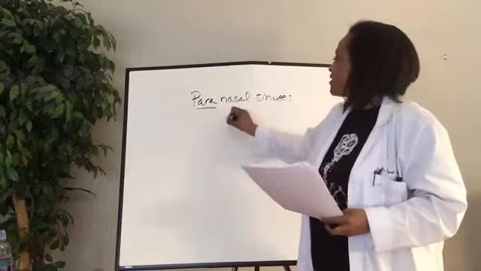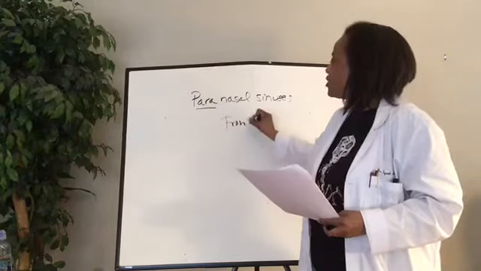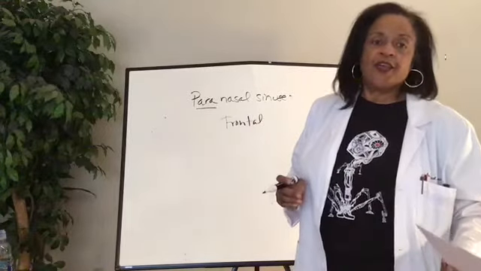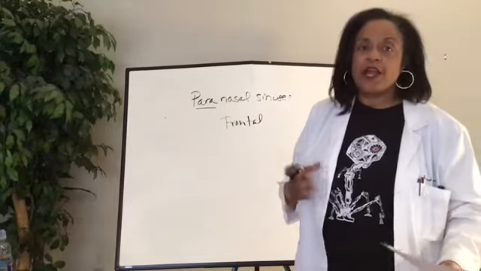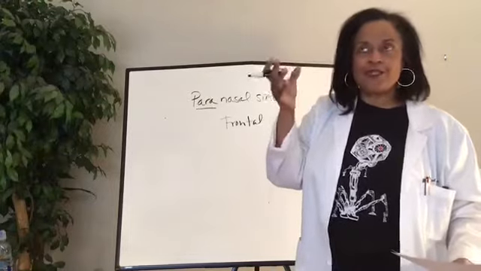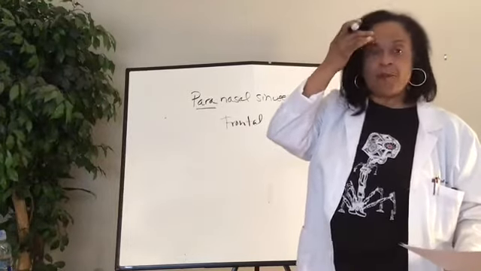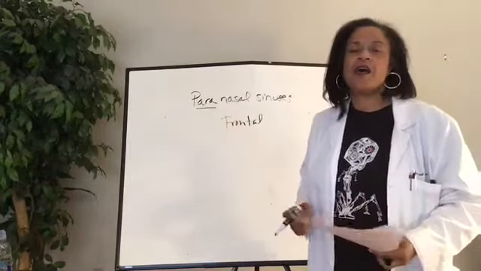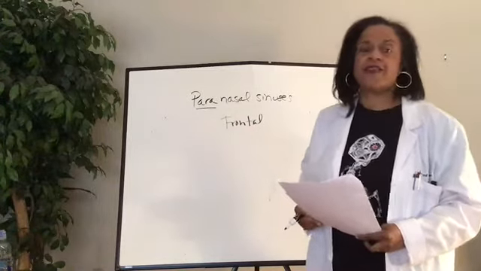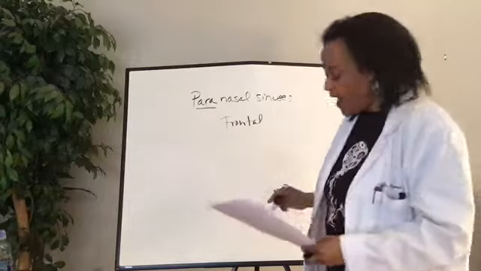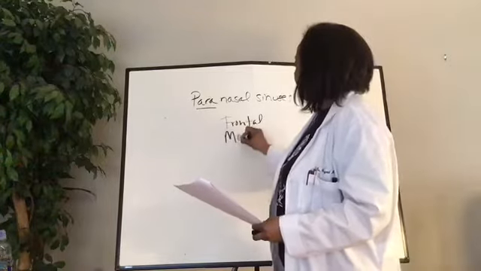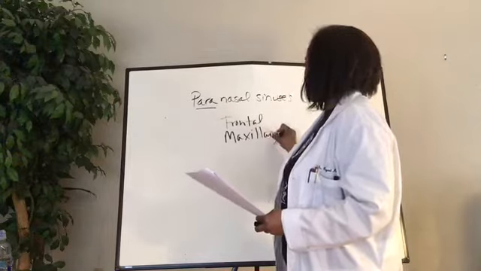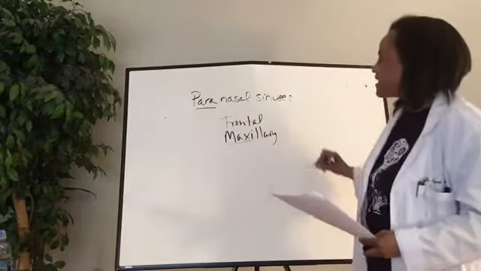We have the frontal, and I want you to consult your text so that you'll know exactly where they are located. The frontal sinuses are here, named for the bones, like the frontal bone, if you remember that from 240, your previous human anatomy and physiology class. Then you have the maxillary. Would you agree that maxillary would be maximum?